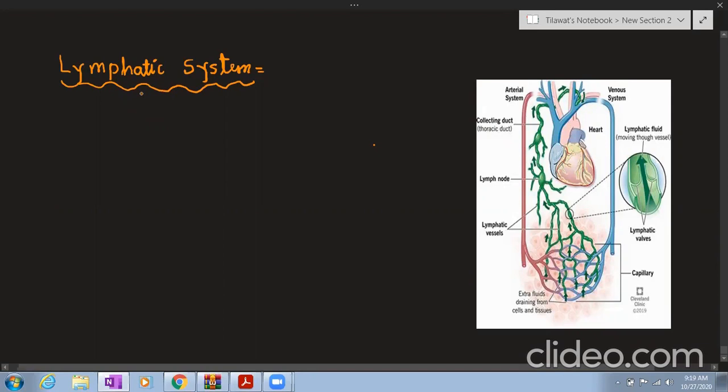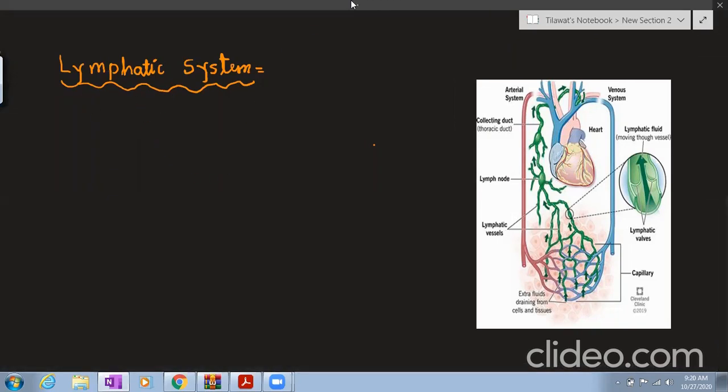We call that portion of blood that gets out of the blood because of pressure lymphatic fluid. That lymphatic fluid is taken back by the lymphatic system and mixes with your blood. So let's discuss that in detail.